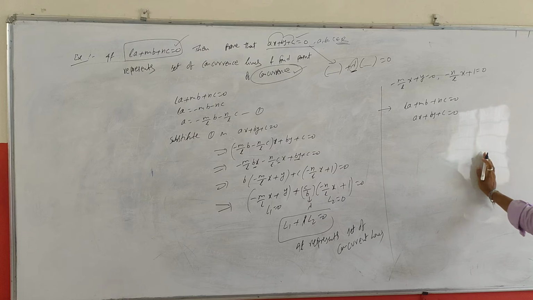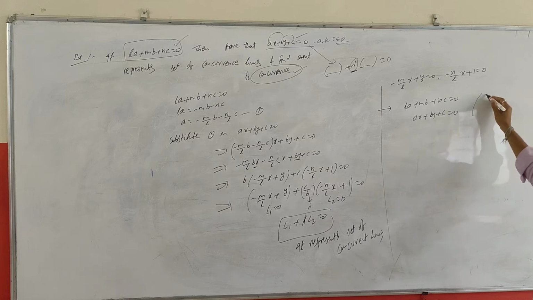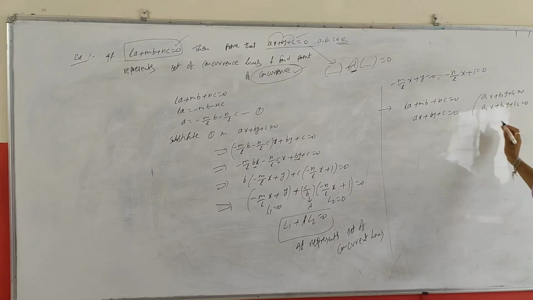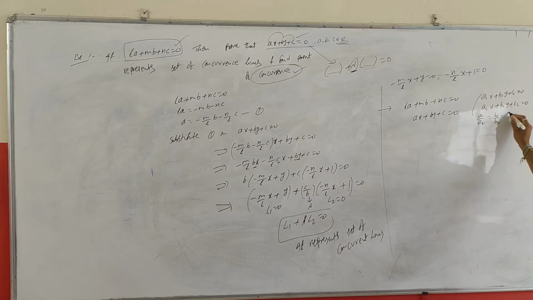You know that for two lines a1x + b1y + c1 = 0 and a2x + b2y + c2 = 0 to represent the same line, what is the condition? a1/a2 = b1/b2 = c1/c2.